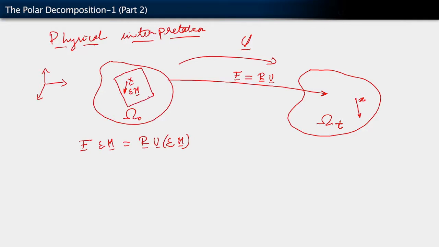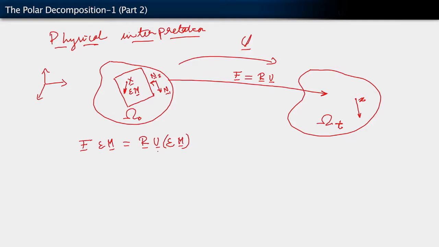The reason I've drawn it as a rectangle is because I want us to think of the edges of that rectangle as being aligned with the eigenvectors of U. I need to draw 3 of them, but I'm just drawing 2 because I'm limited by the two-dimensional nature of this board. But anyhow, you get the idea.